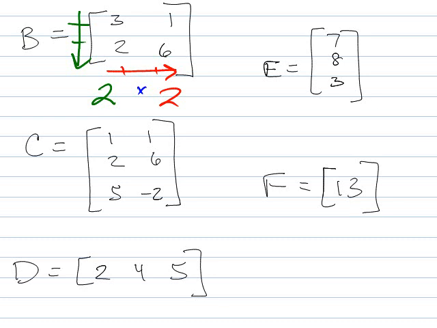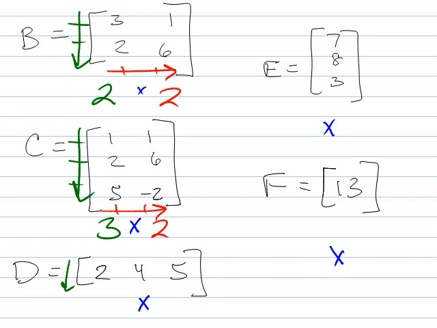So these are all going to be a something by something. So we're always going to go down first. This is a 1, 2, 3. A 3 by 2. Okay, to get that. This is only a 1.